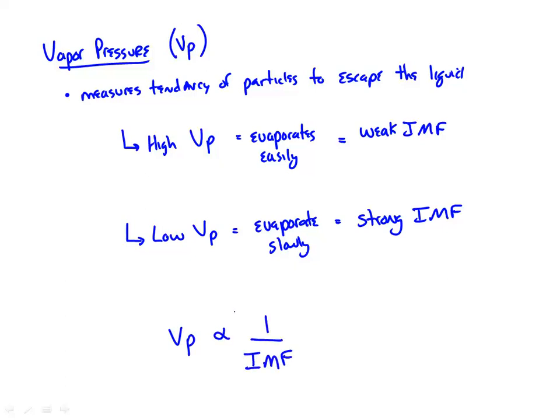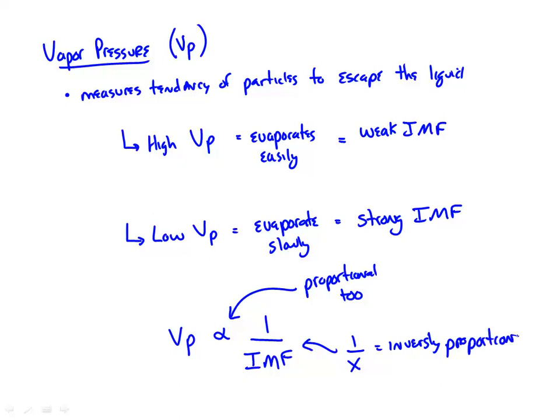This stands for proportional to, remember. And since it's 1 over something, that means inversely proportional. It means as one gets bigger, the other one gets smaller, or vice versa. If one is small, the other one gets large.